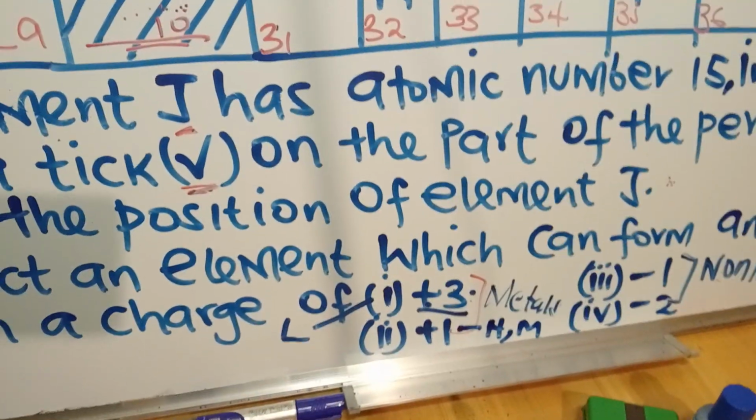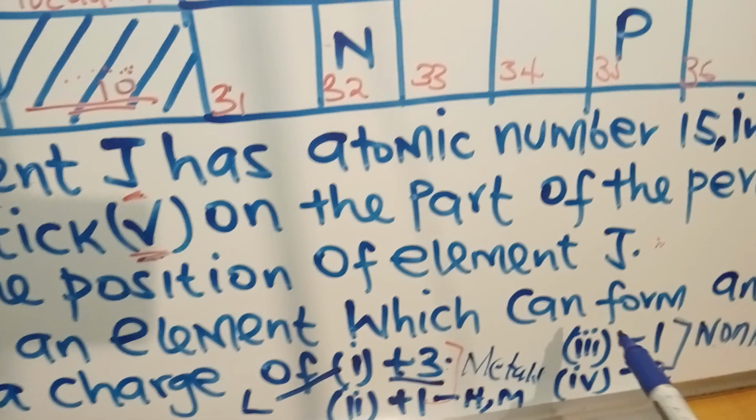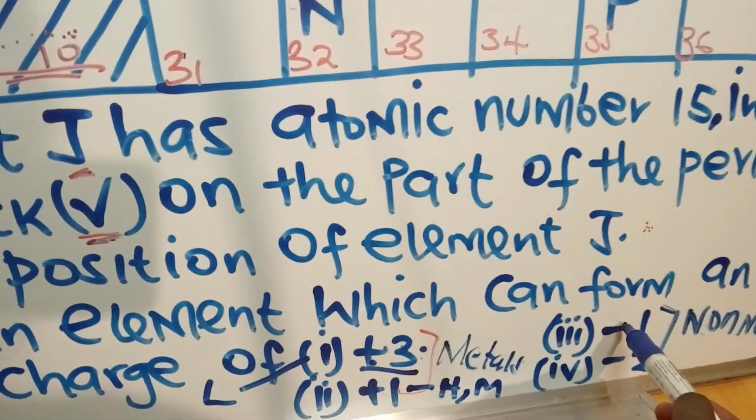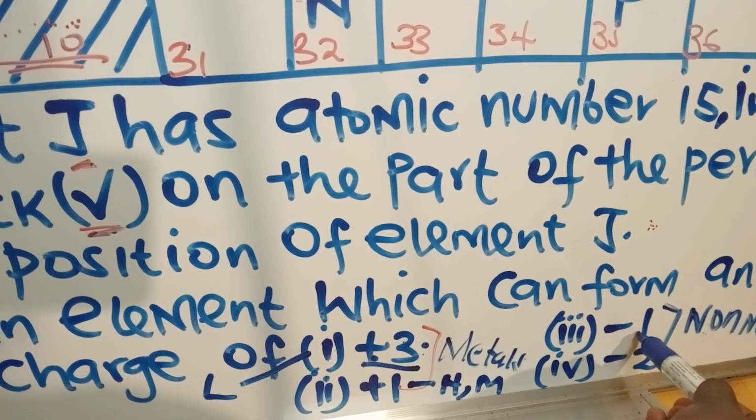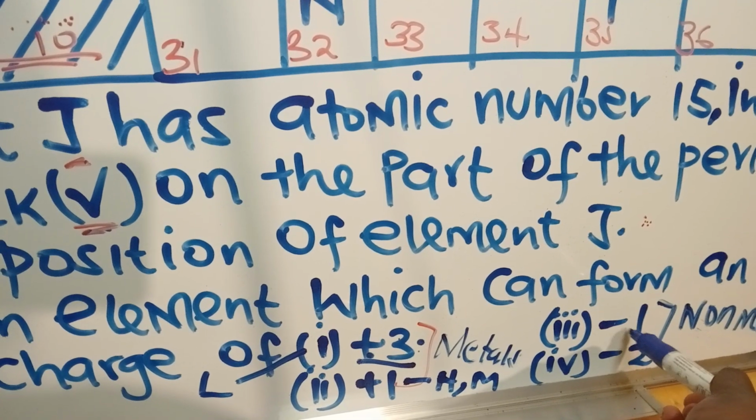On the side of nonmetals, this one that has a charge of -1 reacts by gaining 1 electron.